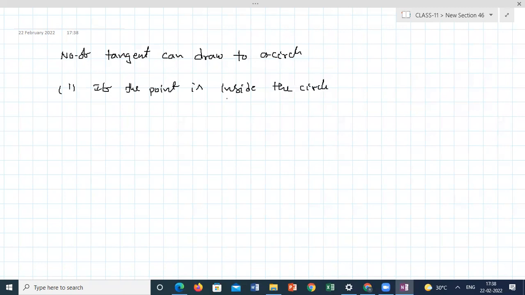A tangent is a line which touches the circle at only one point. If the point is inside, I can't draw any tangent, so 0.